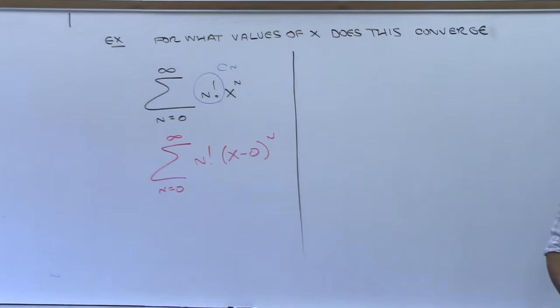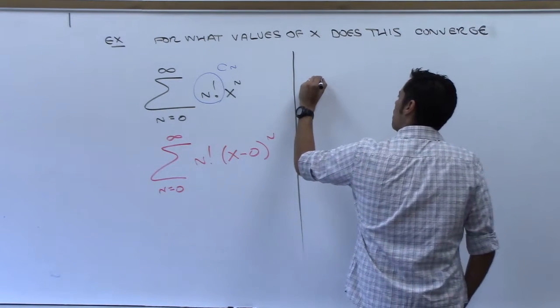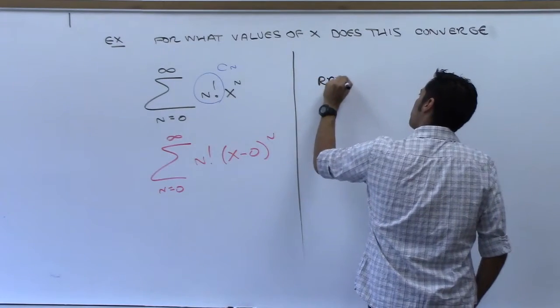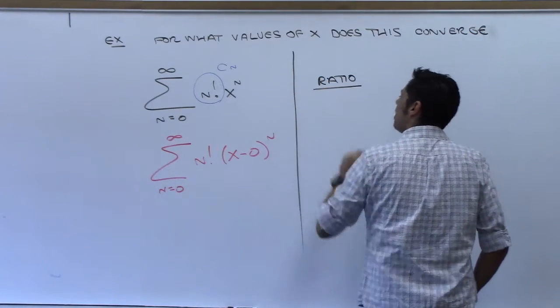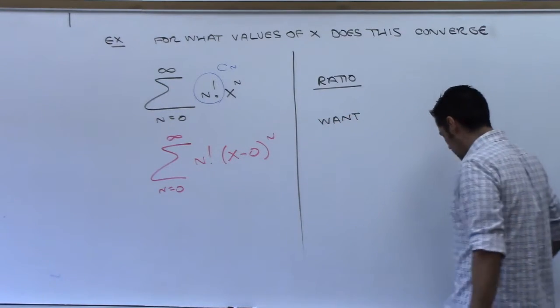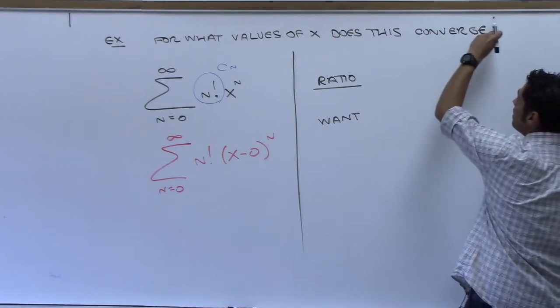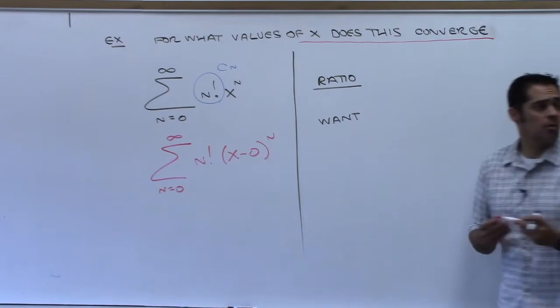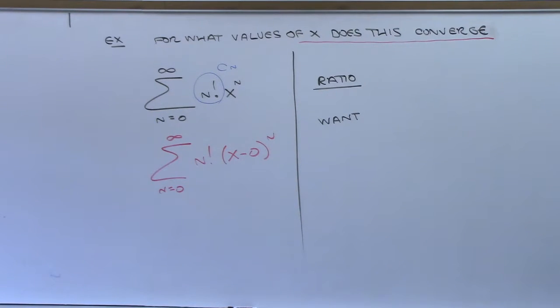So what I'd like to do is a ratio test on this. Now, tell me what we want, because I'm asking for what values does it converge. What do I want?